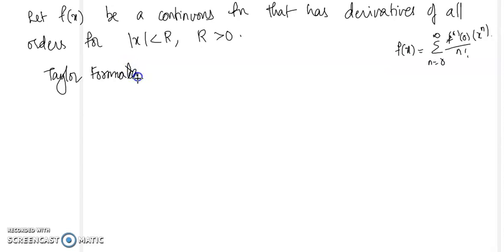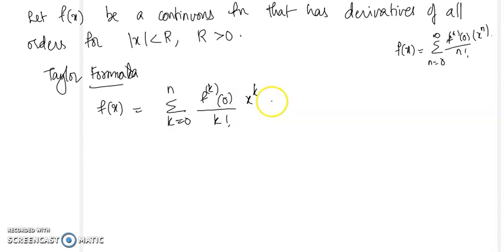So this series is actually the Taylor series. So let us look at when the Taylor series is valid. We have f of x equal to summation k equal to 0 to n, f^k at 0 by k factorial into x raised to k, plus R_n of x.